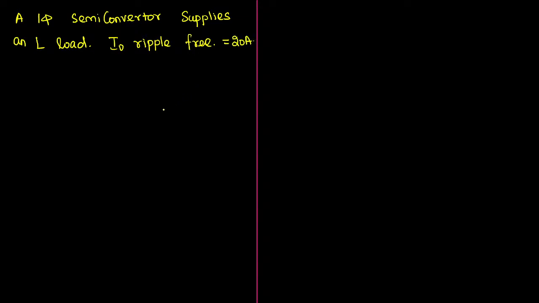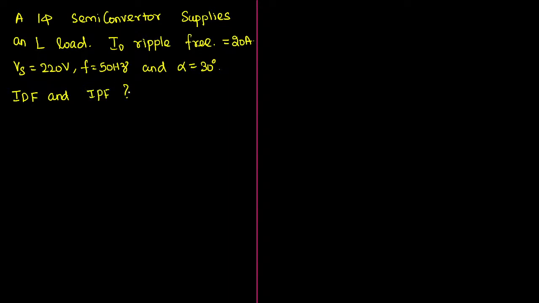The current value is also given. The supply voltage Vs is 220 volt, and the frequency, we know, is 50 hertz, with firing angle alpha equal to 30 degree. Then the question is, the input displacement factor and input power factor for this semi converter is dash.